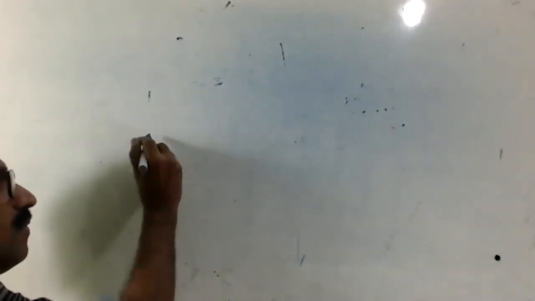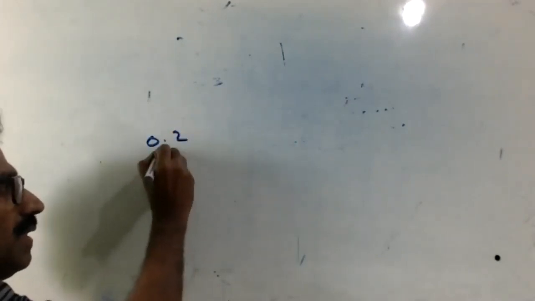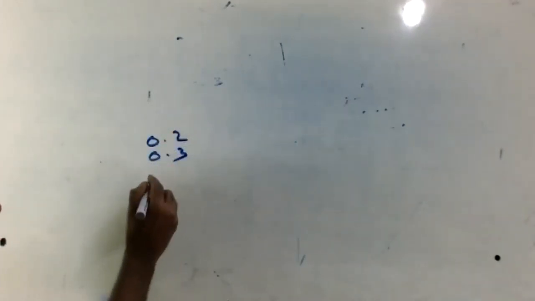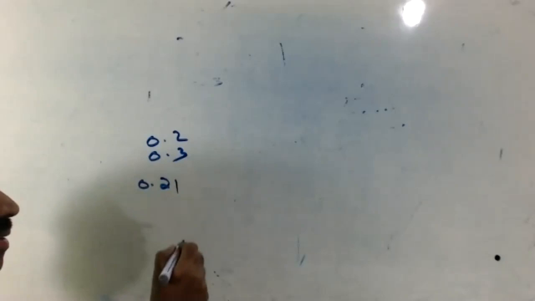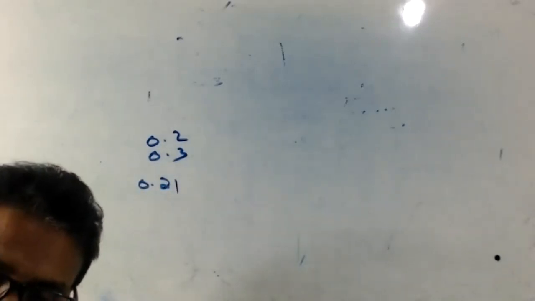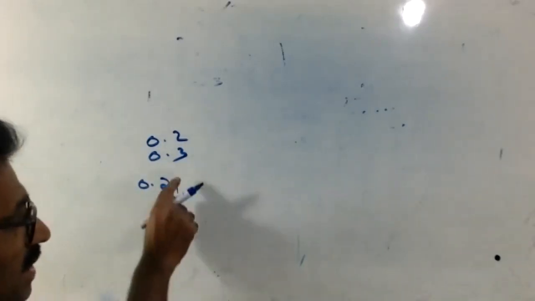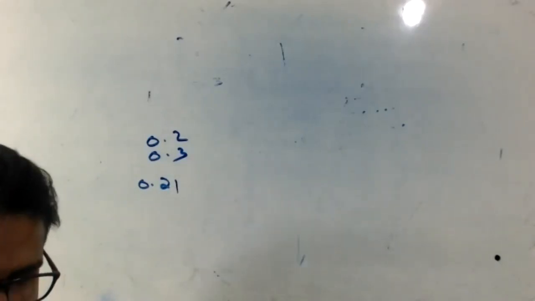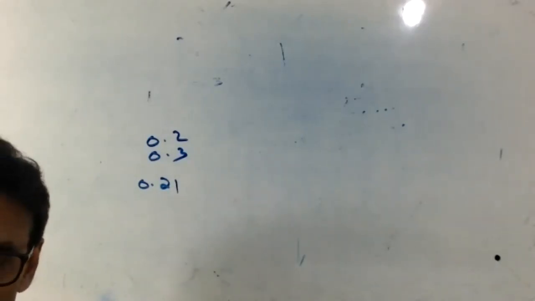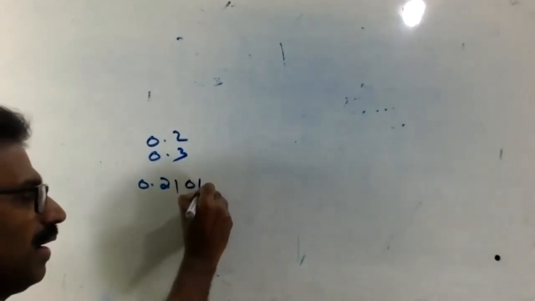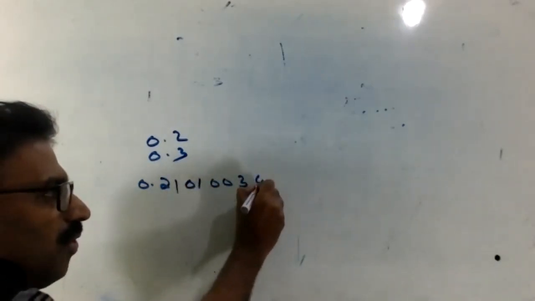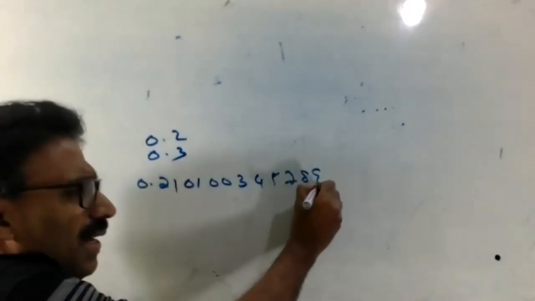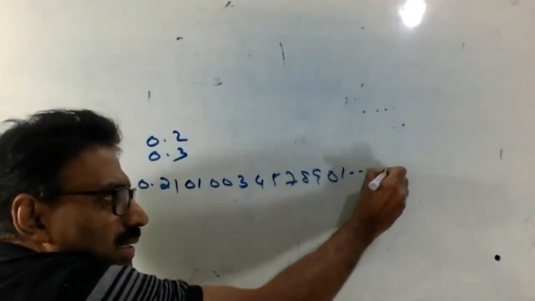When you write between 0.2 and 0.3, you can write the first number 0.21, because 0.2, then next is 0.21. Don't touch the 3, you will be in trouble. If you are touching 3, maybe it is after 3 only. So 0.21, 0.23, 0.24, 0.25, 0.26, 0.28, any number.